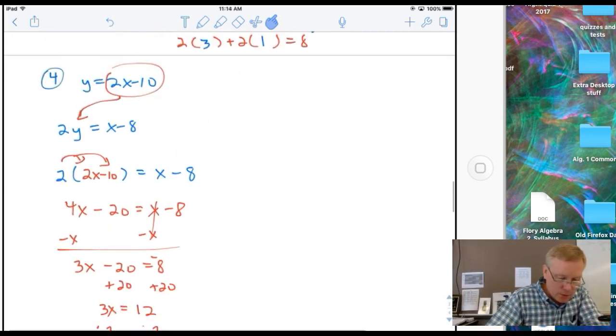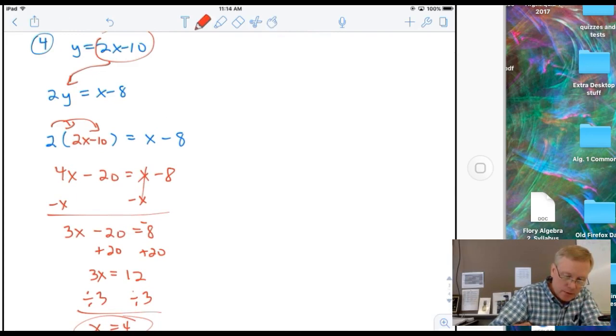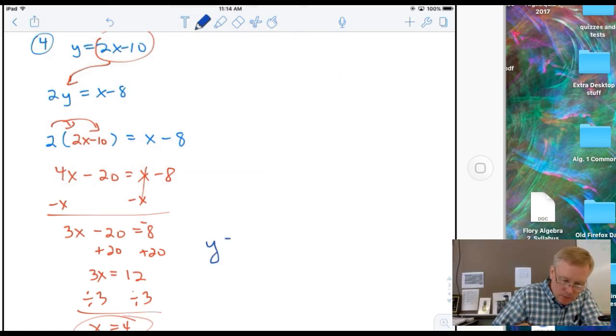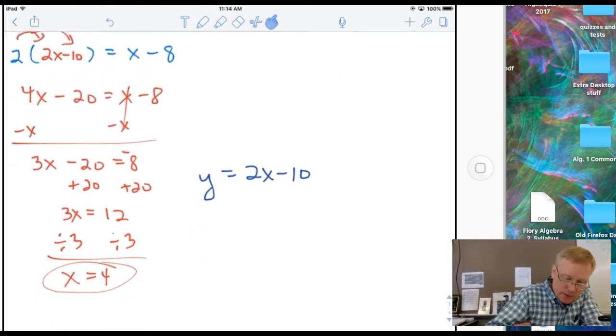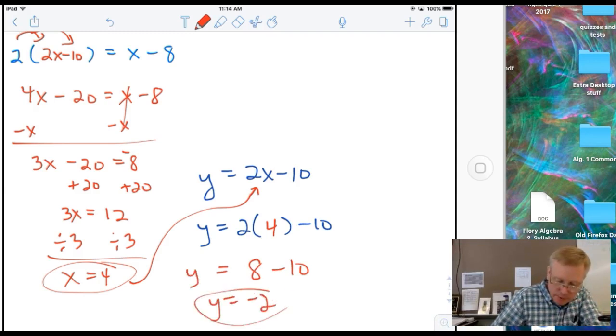All right, now I got to take one of my two original equations. Either one is fine. I think that y equals 2x minus 10 looks good. And now I can plug in that x equals 4. 2 times 4 is 8. 8 minus 10 will give me my second answer of -2.